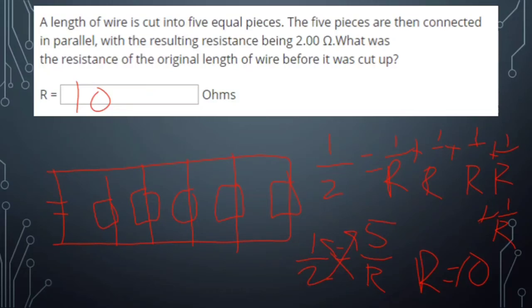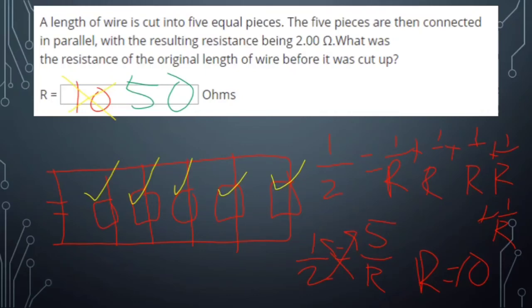So that means that each one of these resistors is 10 ohms, right? Now, the original length of wire before it was cut up, if we added all these together, 10 plus 10 plus 10 plus 10 plus 10, that would actually be 50 ohms, because each of these is 10.